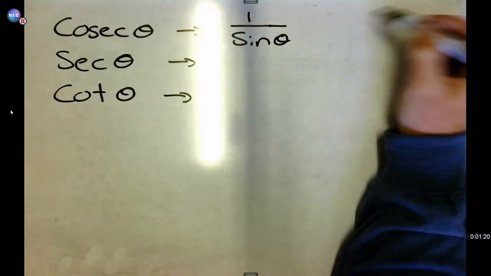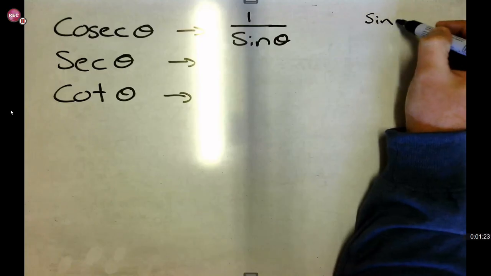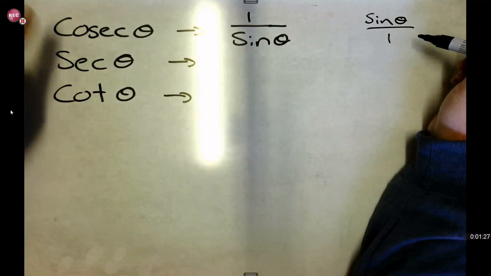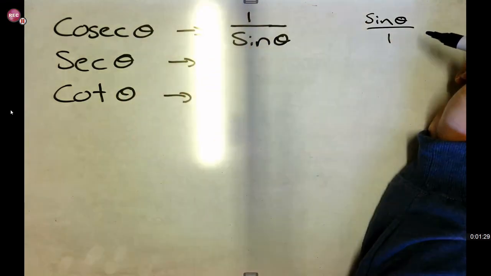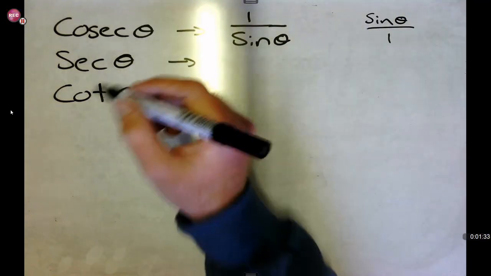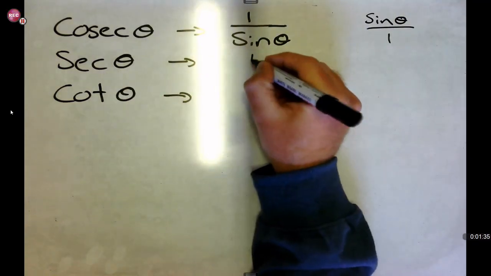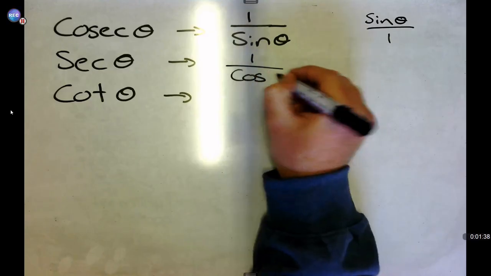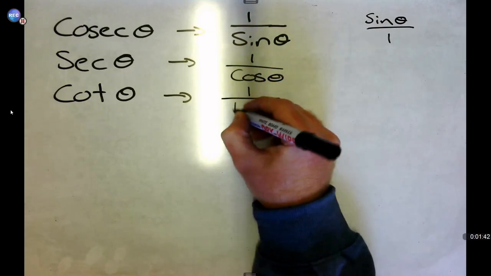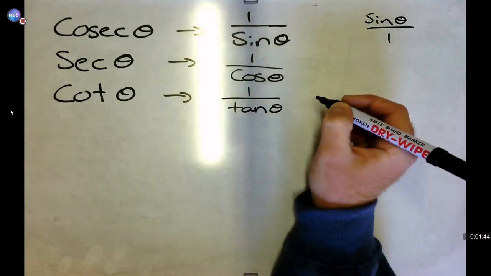Obviously if you just write it as sine, it would be sine theta over 1. So if you write it in the reciprocal, you just swap it around. The denominator becomes the numerator, the numerator becomes the denominator. Then for sec, it will become 1 over cos theta, and then for cot, it's 1 over tan theta.